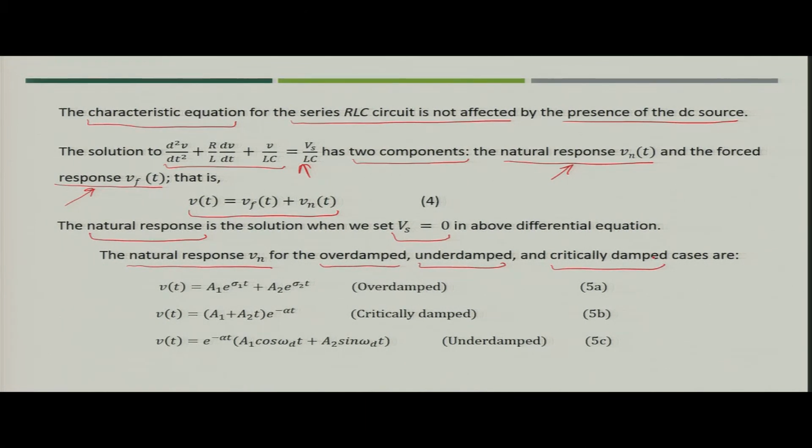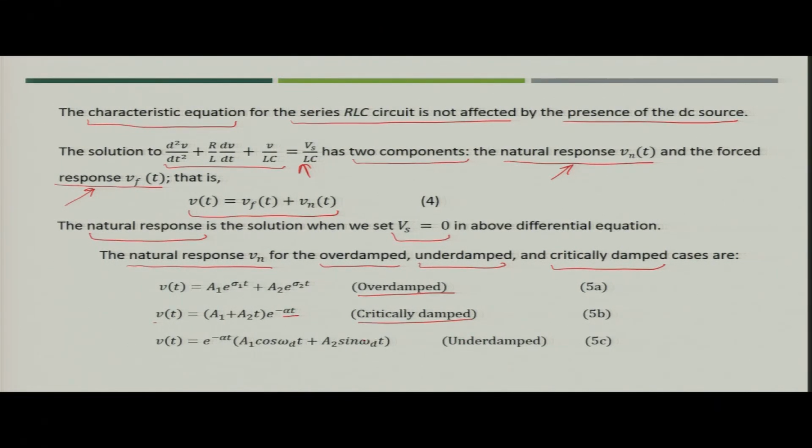In the case of overdamped, v(t) is nothing but A1 e to the power sigma1 t plus A2 e to the power sigma2 t. Similarly, in the case of critically damped, you can write v(t) is nothing but (A1 plus A2 t) into e to the power alpha t, where alpha is your damping coefficient.